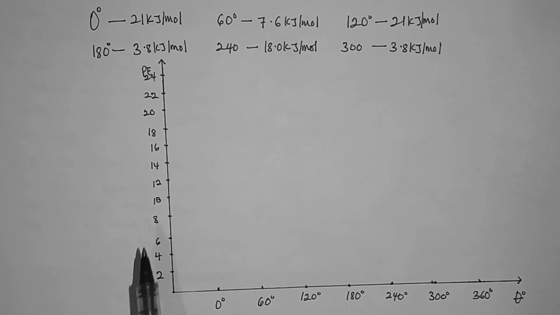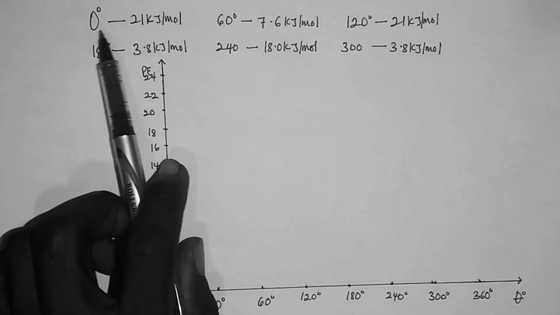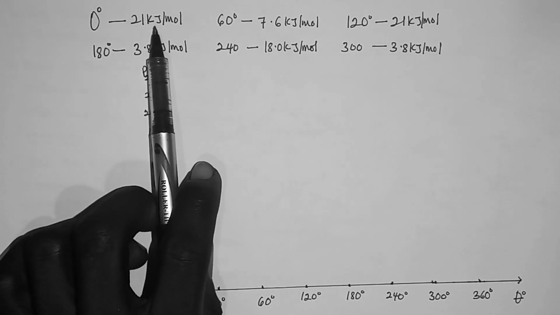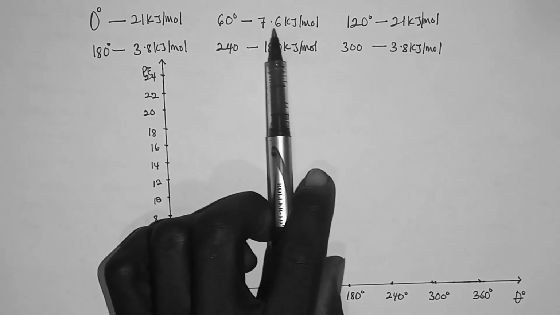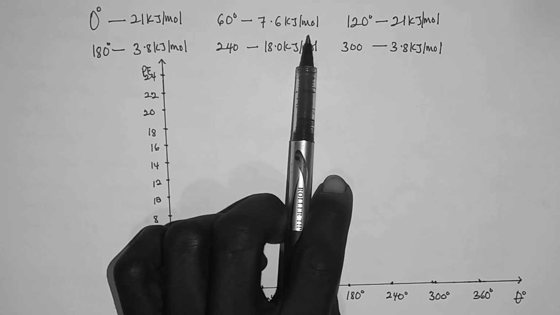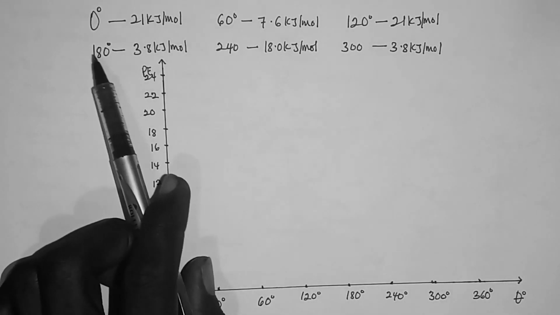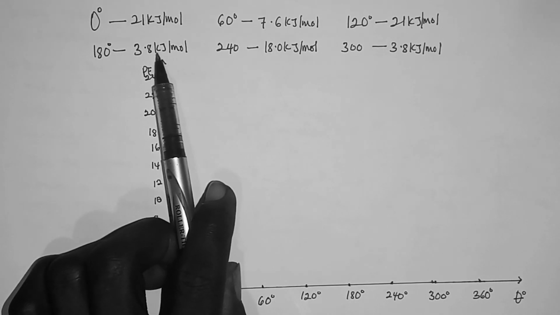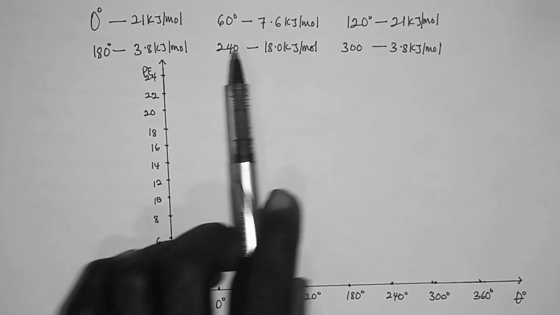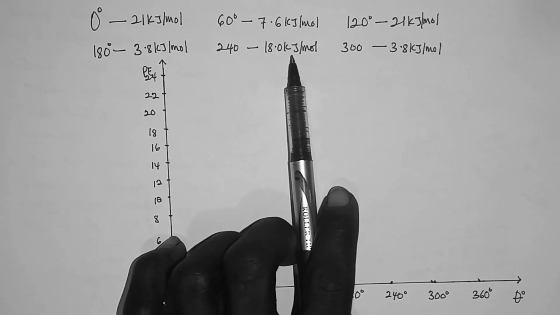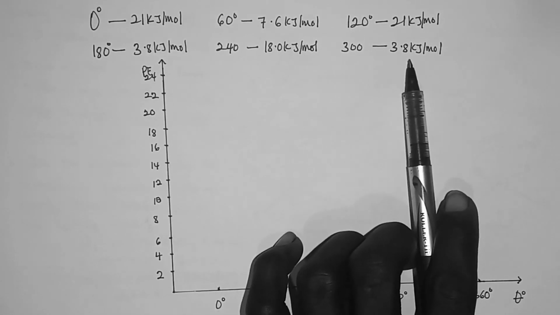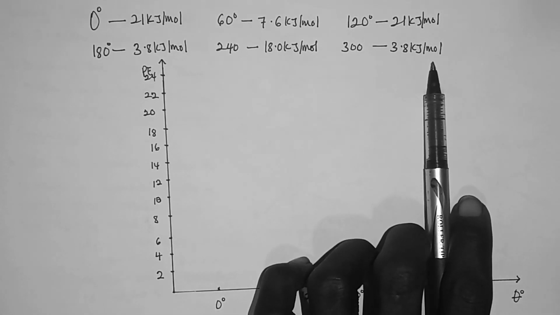So this is how our energy profile diagram will look. The 0 degrees was 21 kilojoules per mole, 60 degrees was 7.6 kilojoules per mole, 120 degrees was 21 kilojoules per mole, 180 degrees was 3.8 kilojoules per mole, 240 degrees was 18 kilojoules per mole, 300 degrees was 3.8 kilojoules per mole.